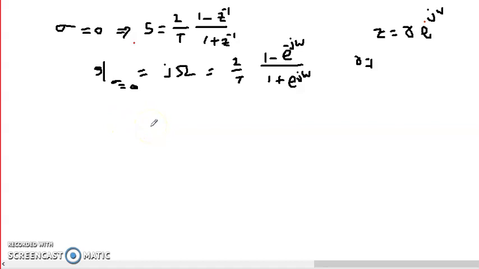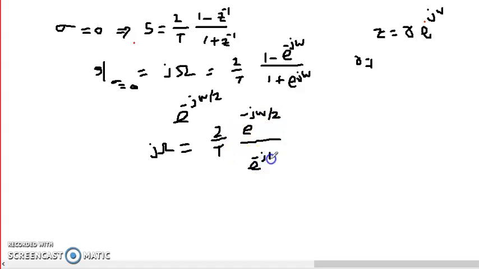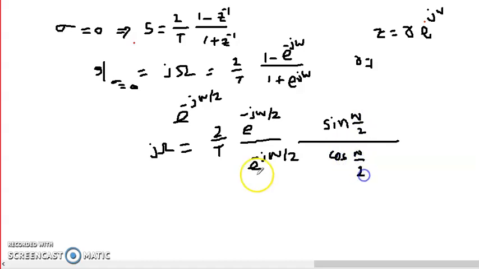To get a real quantity, if we take e raised to power minus j omega by 2, and e raised to power j omega by 2 common in numerator and denominator, this will lead to j omega being equal to 2 by T, and we can write these as sine omega by 2 and cos omega by 2, so that it will get cancelled.